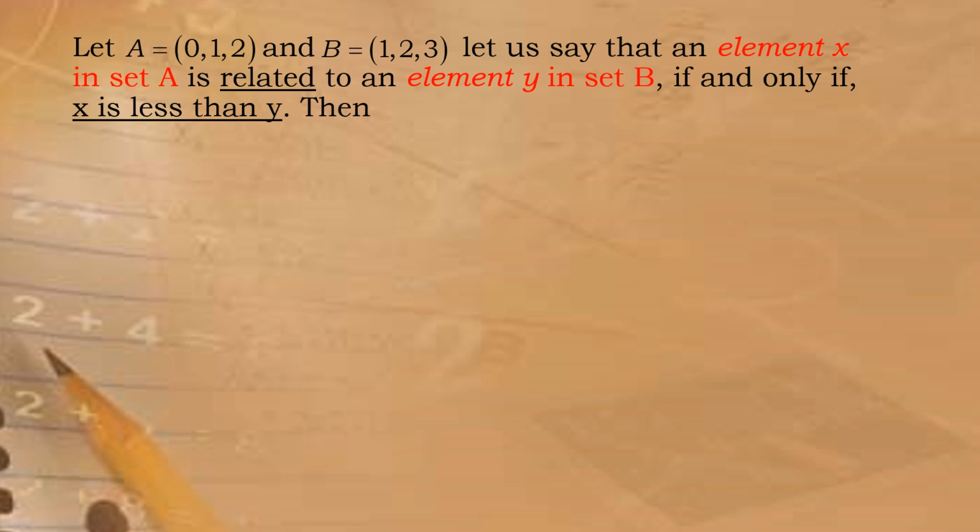Similarly, objects of mathematics may be related in various ways. For example, a set A can be related to set B if there is a condition given. Let's take a look at this example. Let set A have the elements 0, 1, and 2, and set B have 1, 2, and 3.